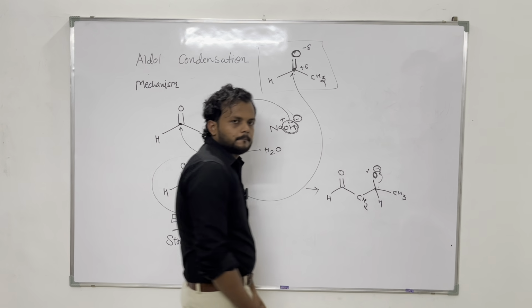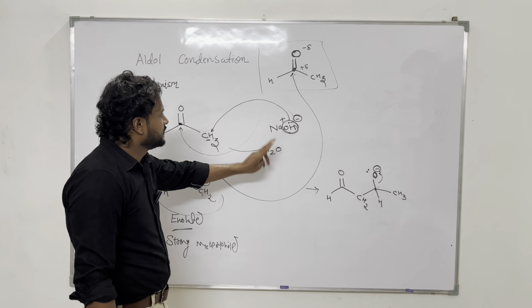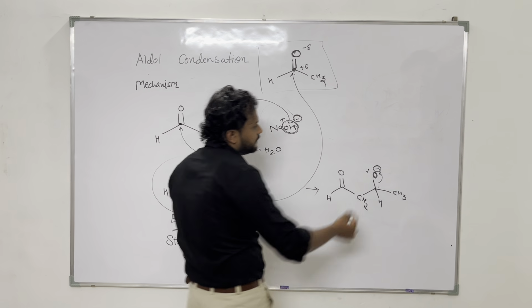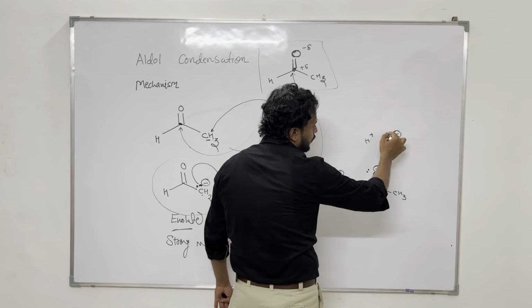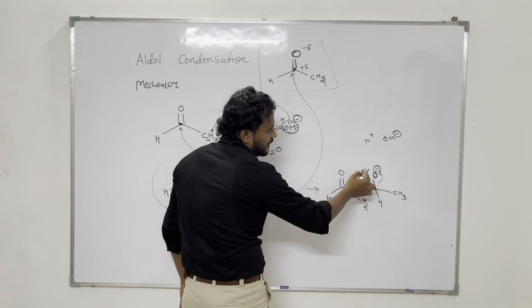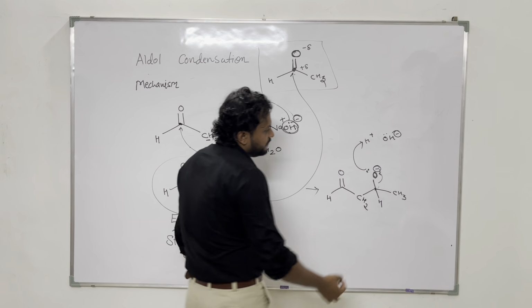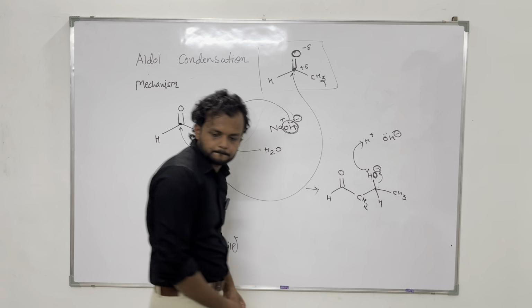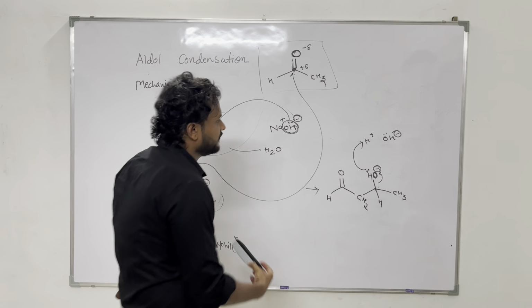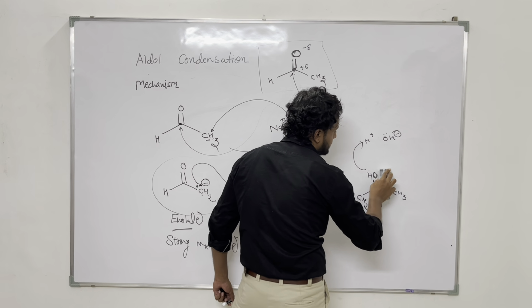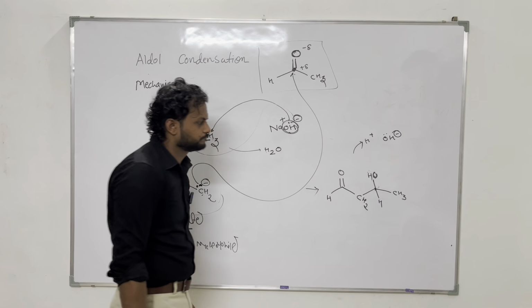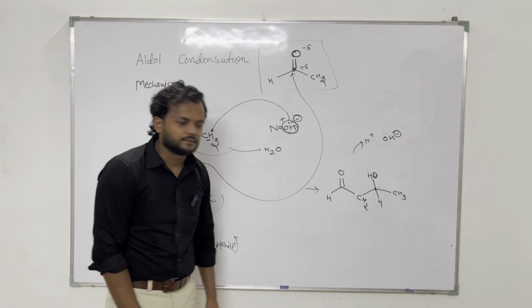Now we have water as well in this reaction, so water gives H plus and OH minus. This O minus will take that proton and form OH. So this is aldol.